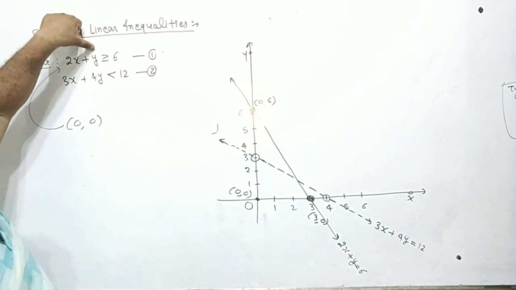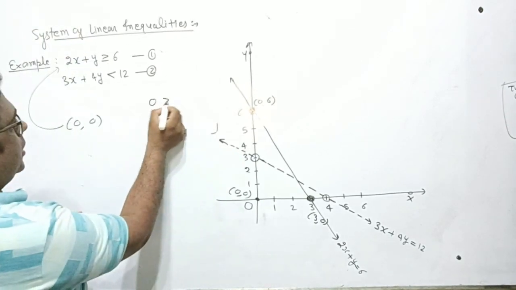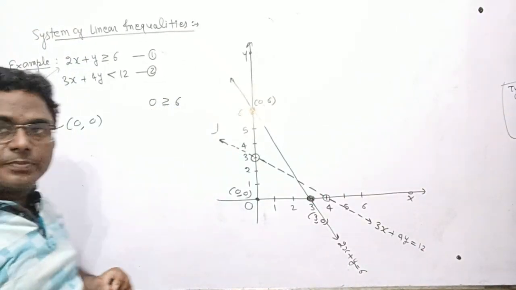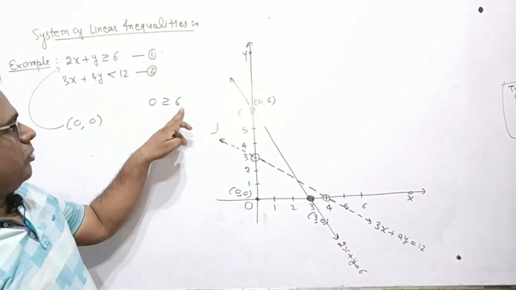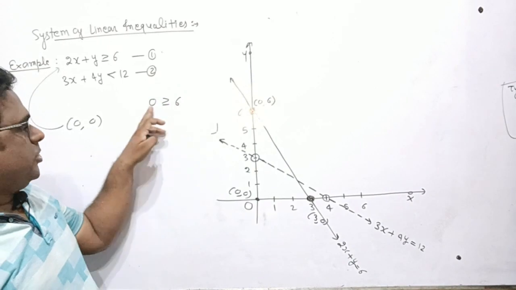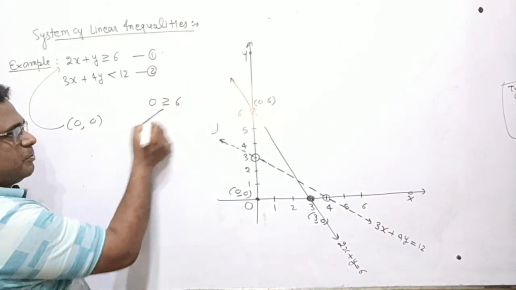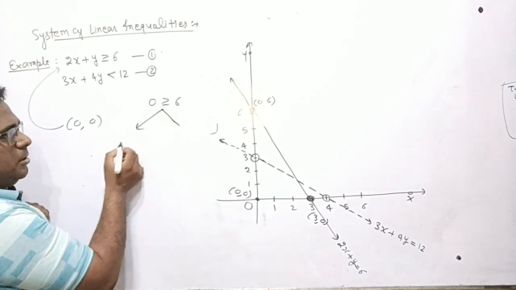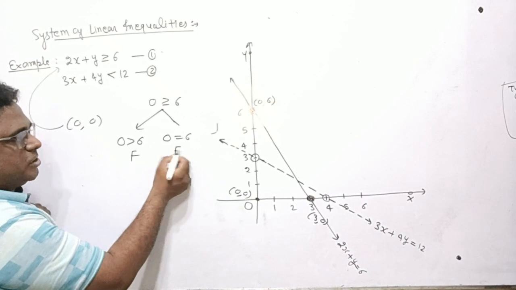If I put 0, 0 in the first inequality, if I put 0 here and 0 here, then what will happen? 0 greater than or equal to 6 will come, and 0 is neither equal to 6 nor greater than 6. If I split this in two parts, 0 greater than 6 and 0 equal to 6, both are false.